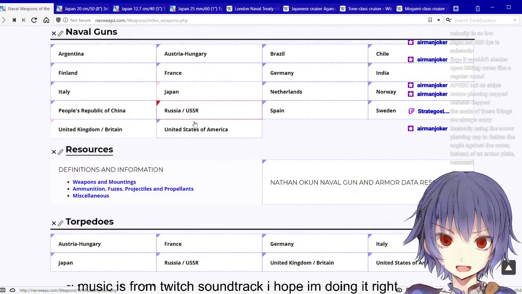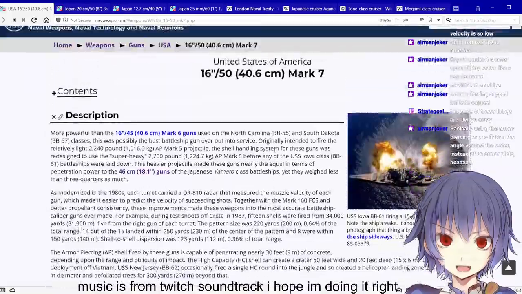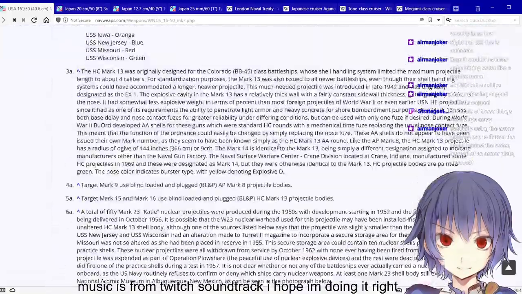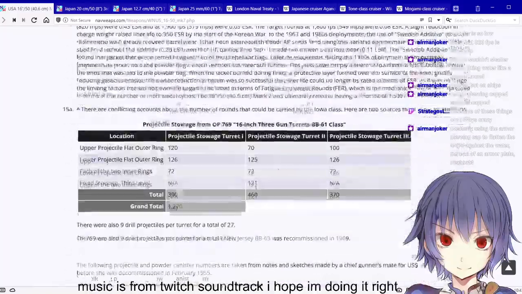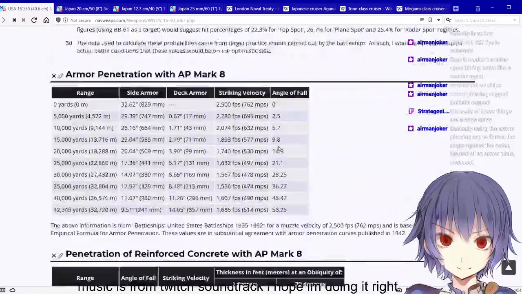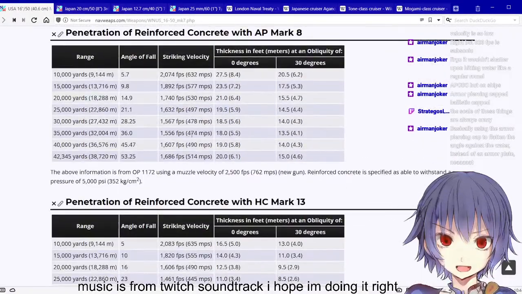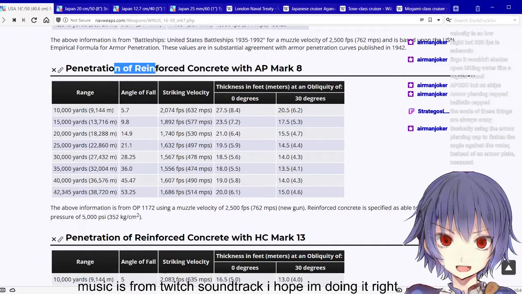If I go here, and then here, and then here, get the Iowa stuff. And there's endless amounts of penetration tables. If you really want to know how much reinforced concrete the AP shell penetrates for the Iowa class, you have a table here.